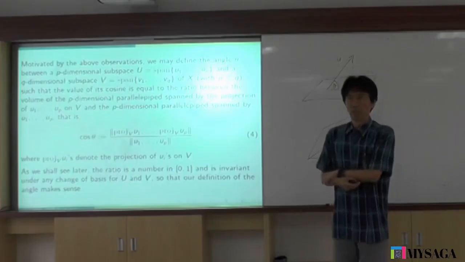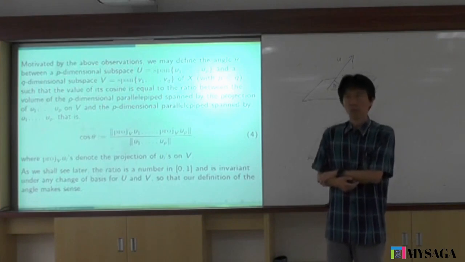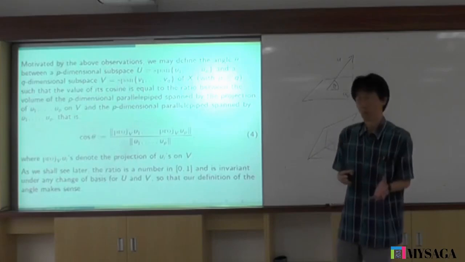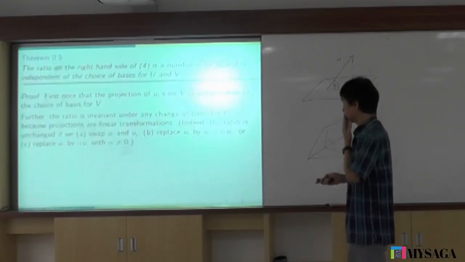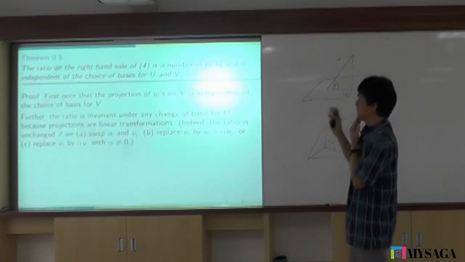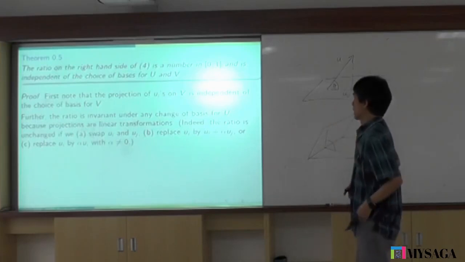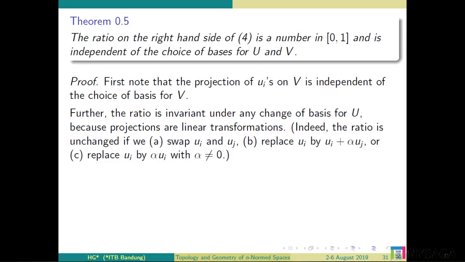You don't want a formula where, when you change the basis, you get something else. You don't want that. Okay? So here is the theorem which says that the ratio is a number in the interval [0, 1] and is independent of the choice of basis for U and V.